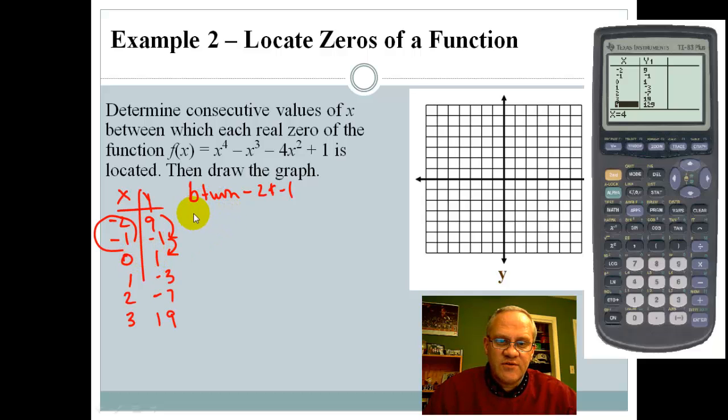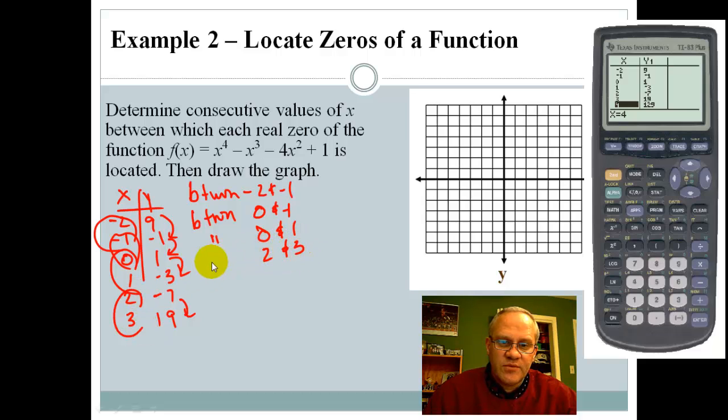So that means we're going to have another 0 between -1 and 0. And then it looks like we go from positive to negative, so we're going to have one between 0 and a positive 1. And then negative, negative, and then it goes one more time here, so also between 2 and 3. So you notice we have 4 zeros there.